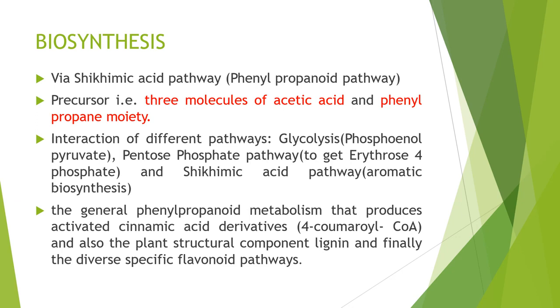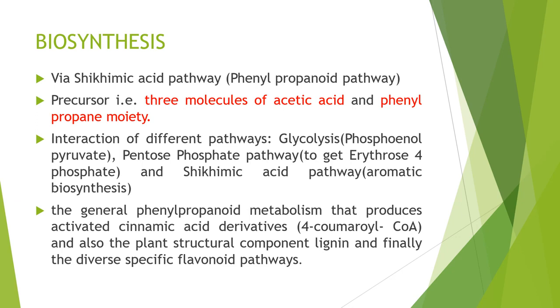When the carbohydrate splits into the pentose phosphate pathway, it will go in another direction. Then the pentose phosphate will change to erythrose 4-phosphate, that is a tetrose. First hexose changes to pentose, and pentose to tetrose, and from tetrose there will be formation of shikimic acid.